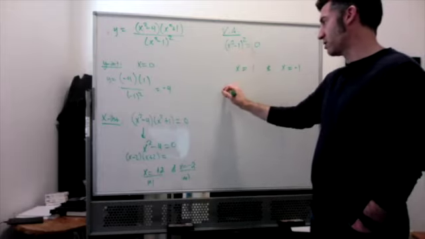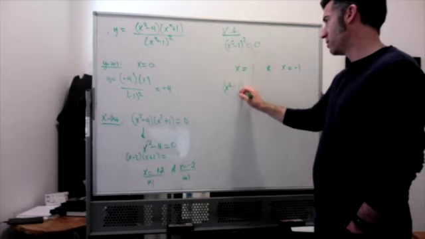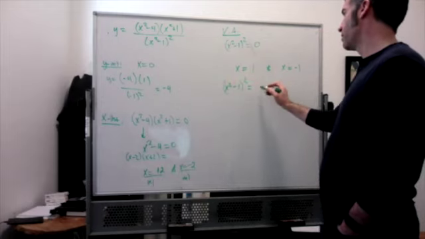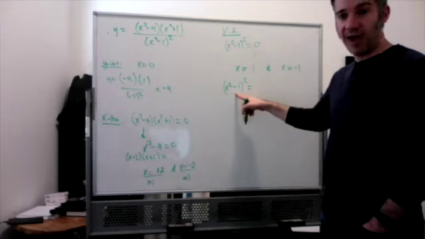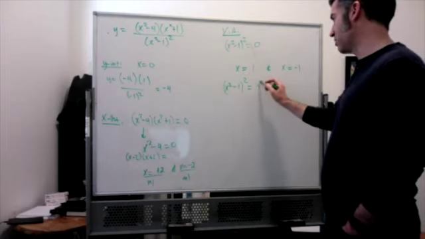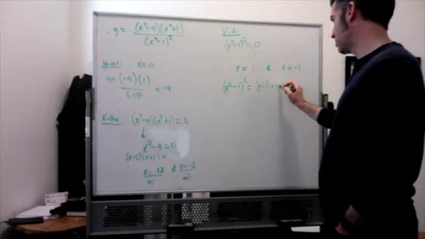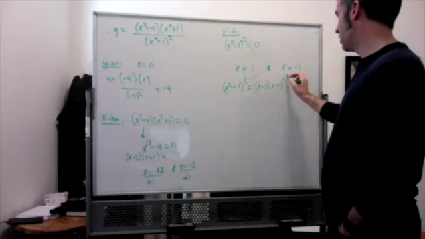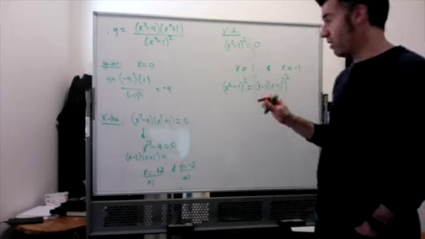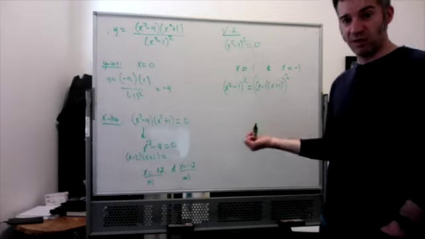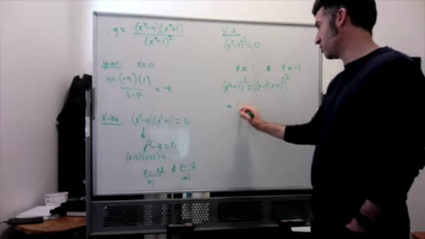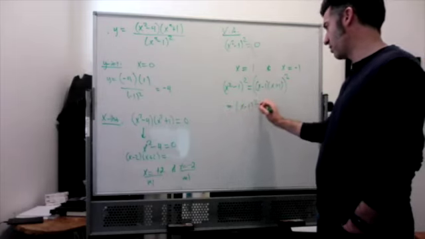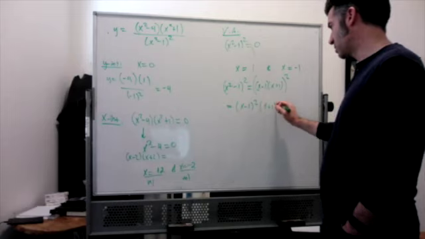So x squared minus 1 squared: x squared minus 1 factors as x minus 1 times x plus 1, and then still squared. But if you have a product squared, you can square each of the factors. This is really equal to x minus 1 squared times x plus 1 squared.